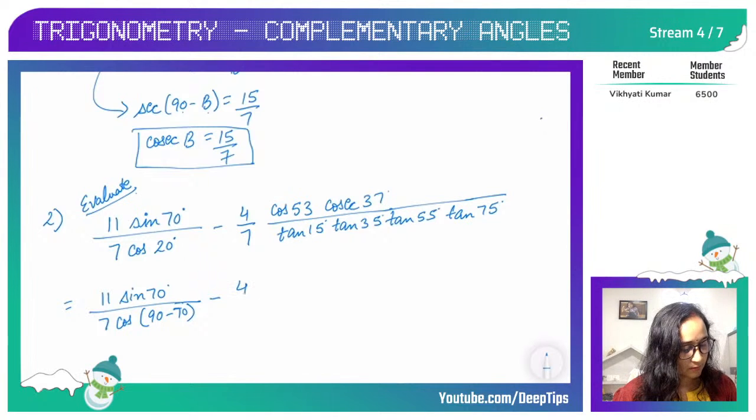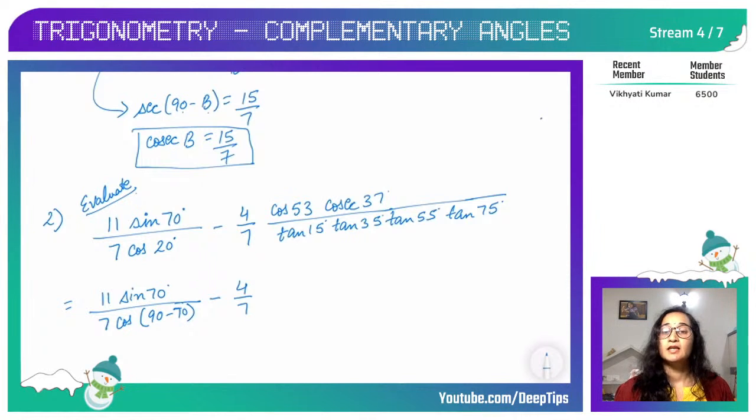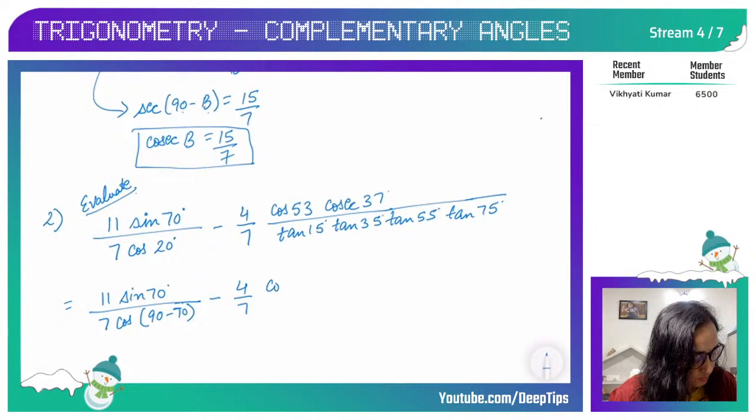Now look at the second part, which has so many angles here, and I can clearly see that my 53 and 37, they add up to 90 degree, right? I know that 53 plus 37 is equal to 90 degree, correct? So I can rewrite any of the angles, that's my wish. So I would like to rewrite, because cos 53 I can write as it is.